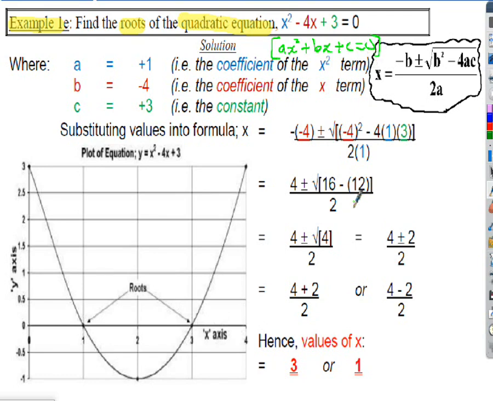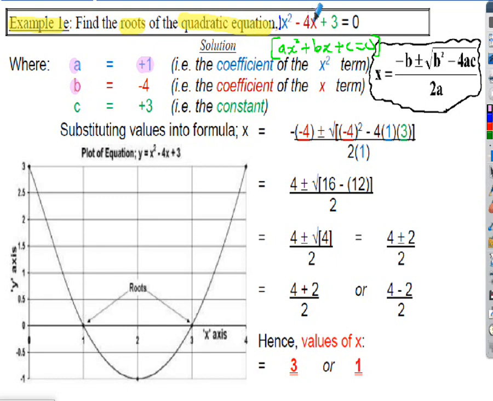All we do is literally read the information from the question. In this case, my a value is positive 1. There's a 1 in front of the x we don't write, but it's positive 1.